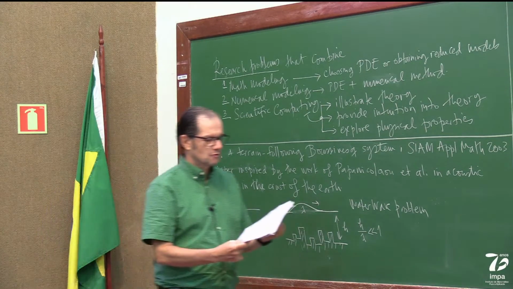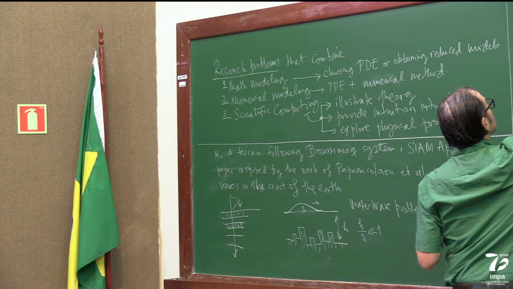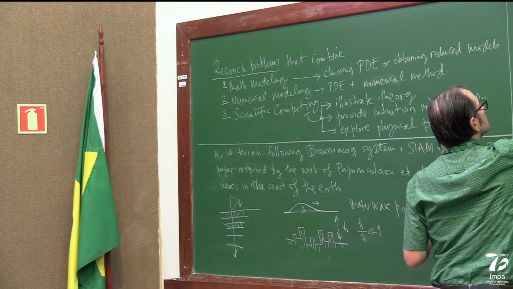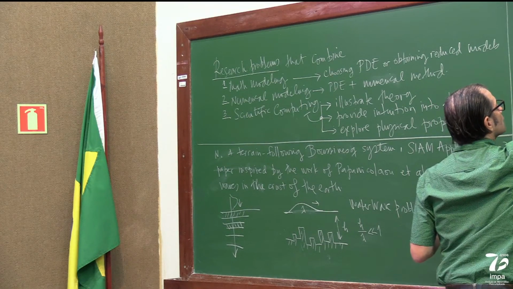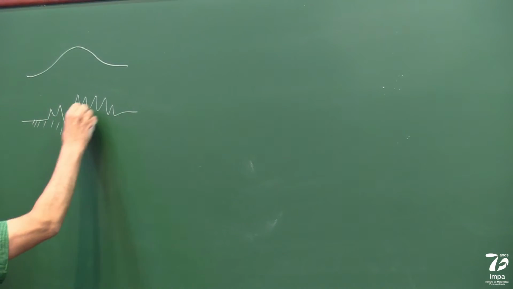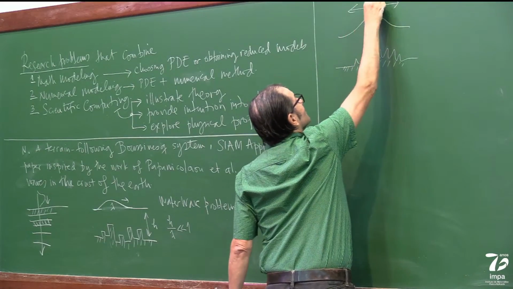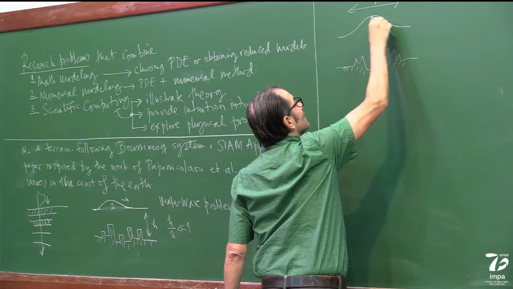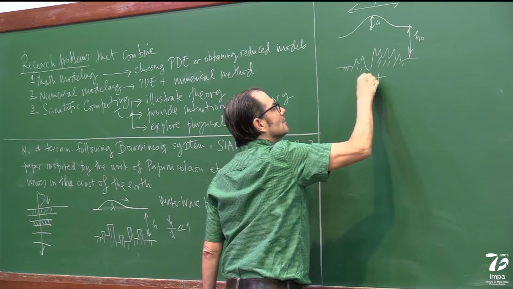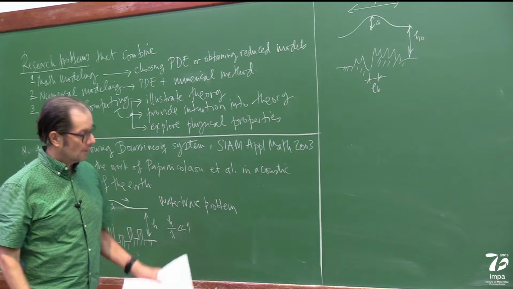So let me write it. So here's the problem. So the problem is like this. Let me start with a straight with the topography like this. So I have scales, lambda, A, H0, and little lb of the bottom, okay?